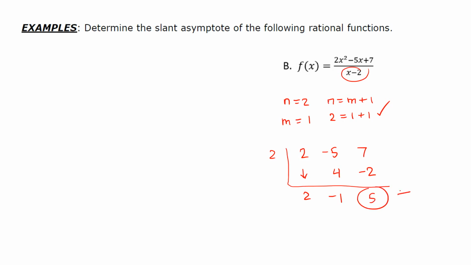So 5 here is the remainder, and 2 and negative 1 is our depressed polynomial, which is 2x minus 1, and that is our slant asymptote. Okay.